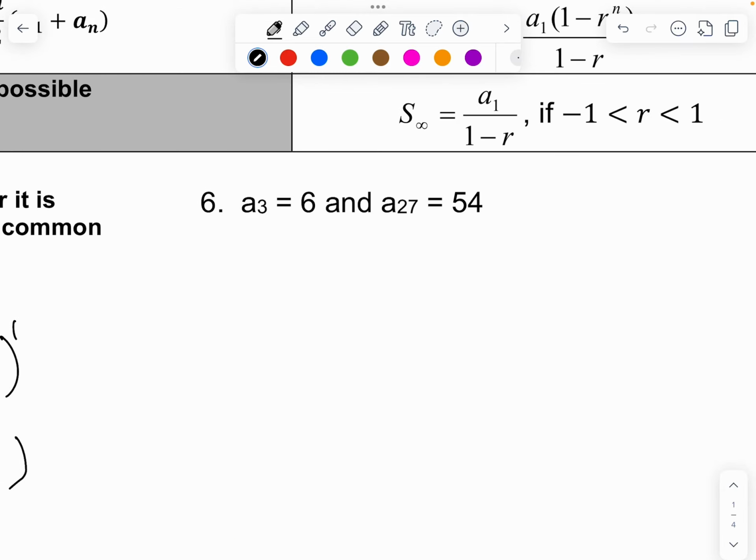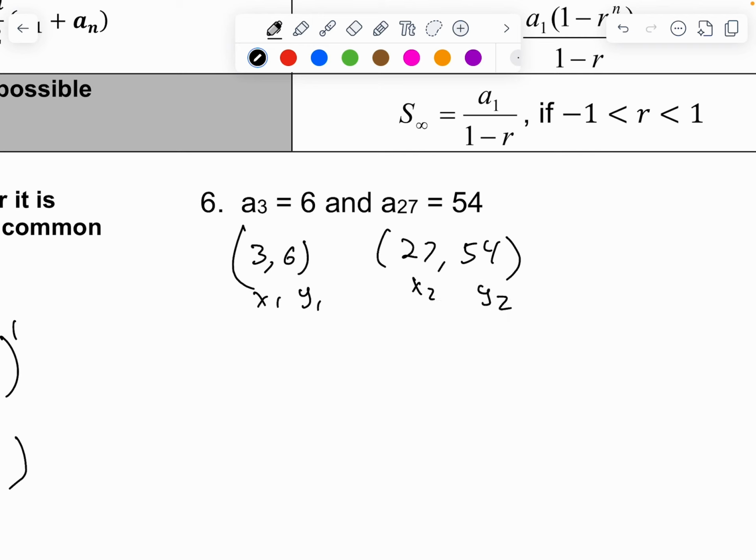In order to figure out the common difference here in number 6, we're going to set up our slope formula. This is like having 3 comma 6 and having 27 comma 54. So it's like having x1, y1, x2, y2. I like to set this up with minus signs, and then I stack these.